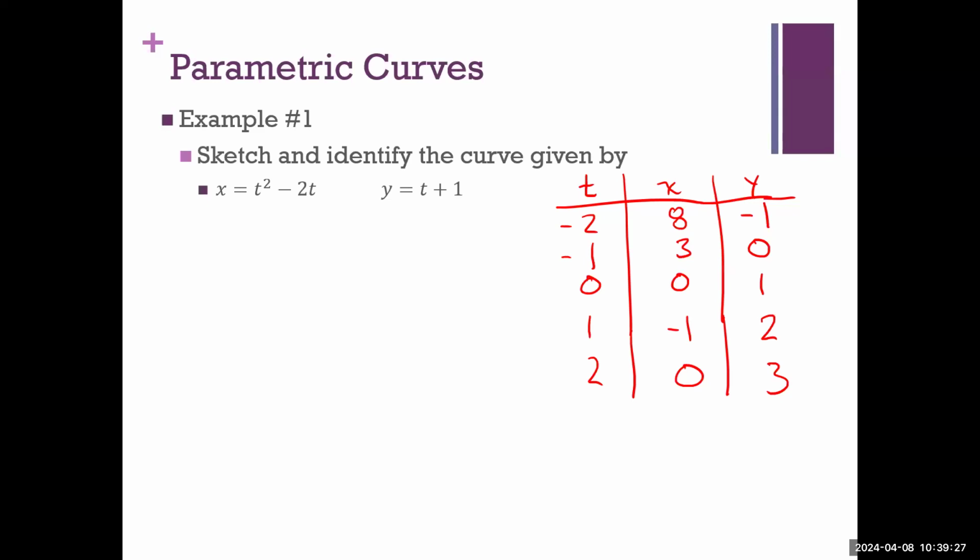We agree? Okay. So what does this thing look like? No idea yet. So I'll start with t equals -2. That gives me the point 8, -1. So I'll be a little bit rough about this. So first point, and then next.